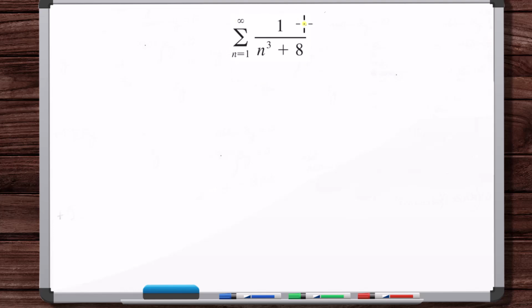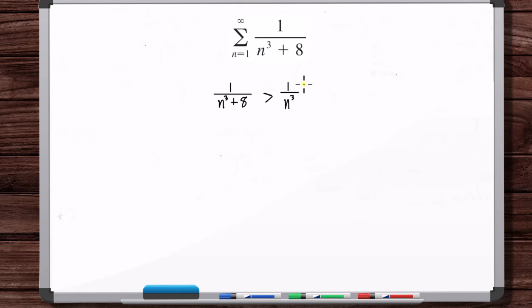Looking at this series here, what we notice is that for all n, these sequence terms are always related to 1 over n cubed.